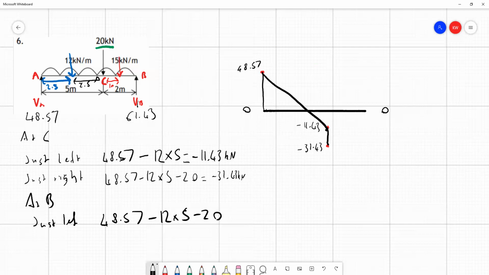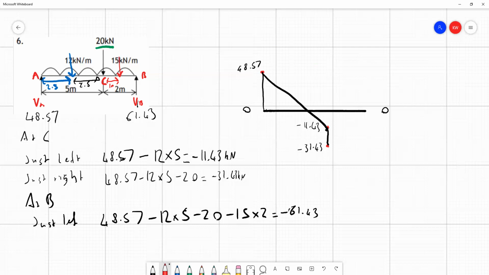And then we've got the UDL on the right-hand side down, so that's minus 15 kilonewtons per metre times the 2 metres of beam that's to the left of B. And nothing else, because we're not going to consider VB at this point, because we haven't got that point in our beam. So if we add all of these up, what we get is minus 61.43, which you might have been expecting again, because that's what VB is equal to.